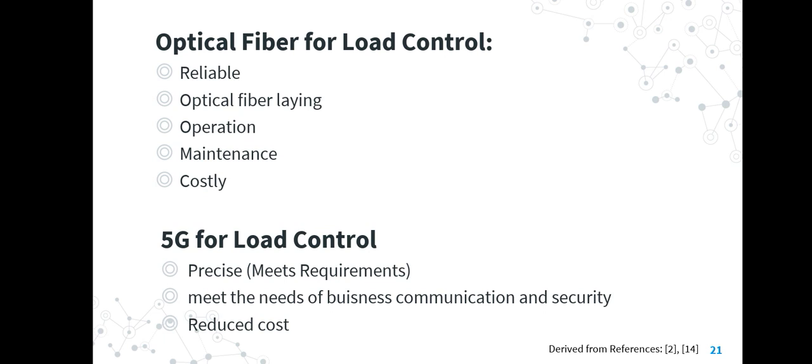It gives almost the same result, but there are some disadvantages when implementing optical fiber for this purpose. Optical fiber is reliable, but the problem is that optical fiber laying, operation, and maintenance is highly costly when compared to 5G technology.